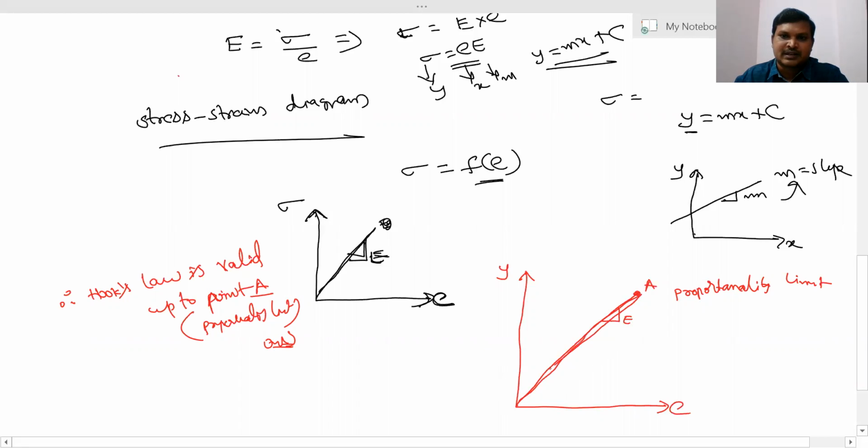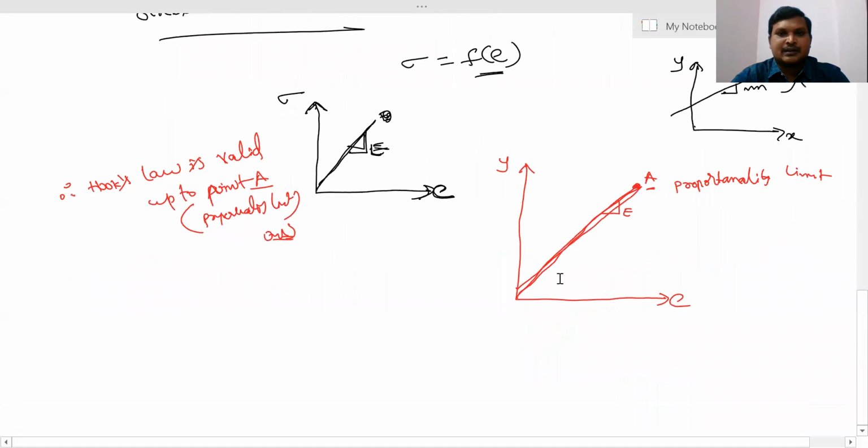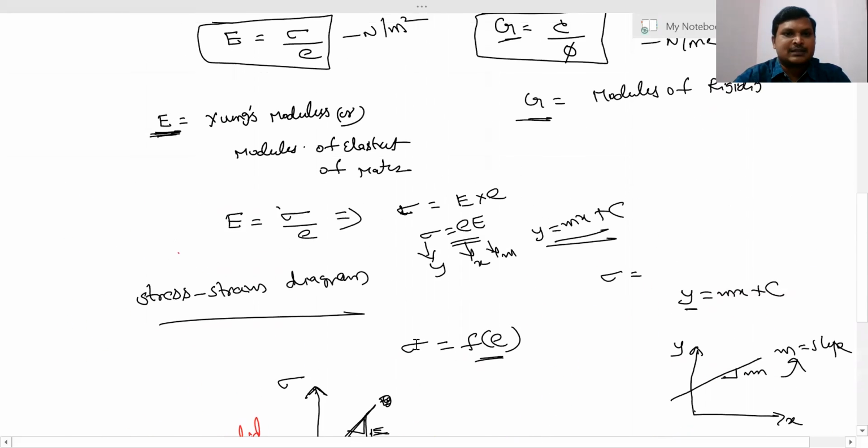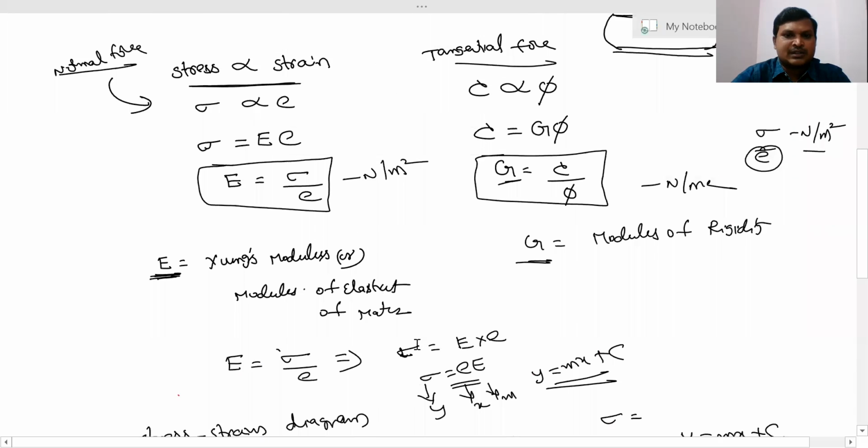So Hooke's law is only valid up to this point A. Is it clear? Therefore Young's modulus E is equal to stress by strain, then stress is equal to Young's modulus into strain. This is called Hooke's law. Here E is called Young's modulus and G is called modulus of rigidity.